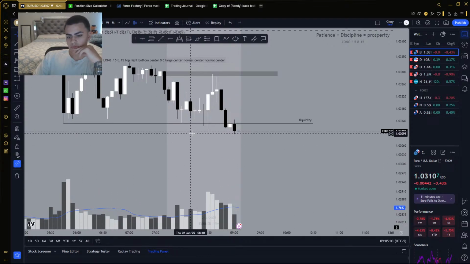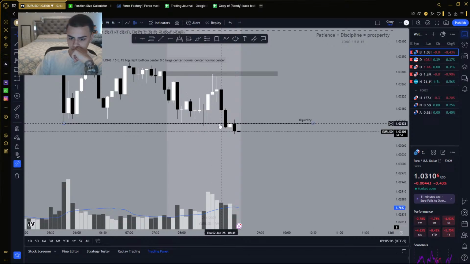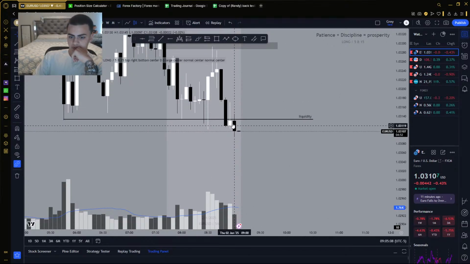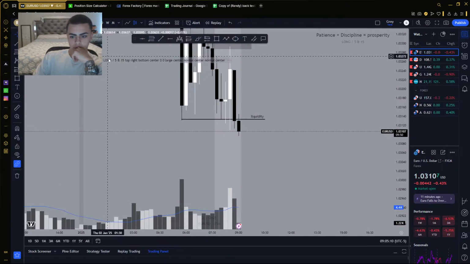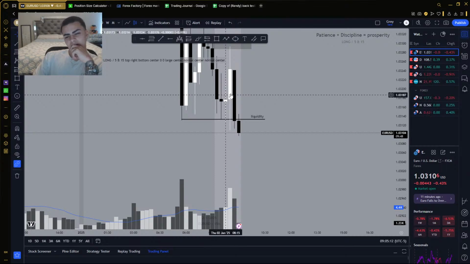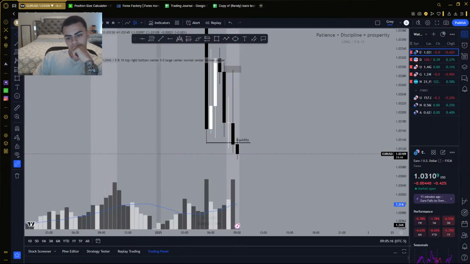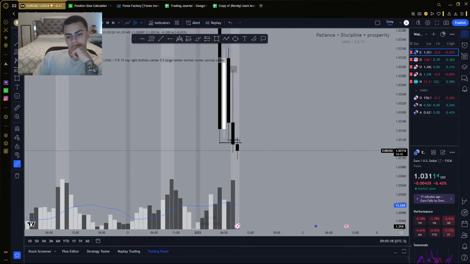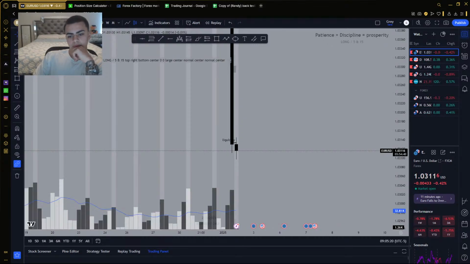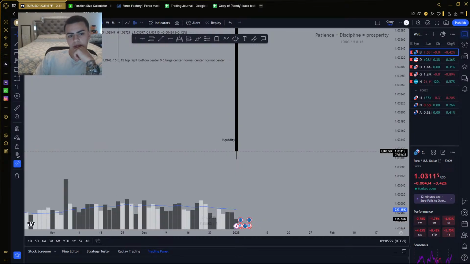So it went to 100. If it breaks here, it could go bullish again. But the markets are bearish, so I'm probably not going to go against the market.